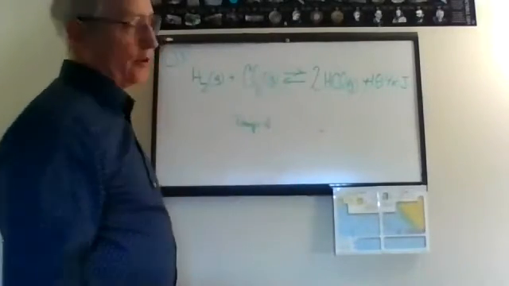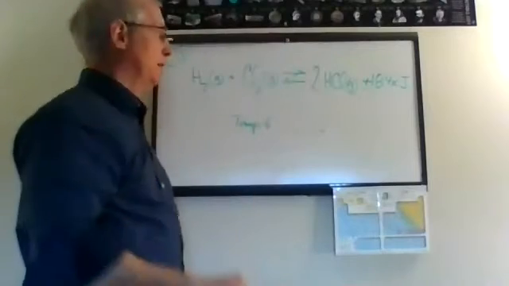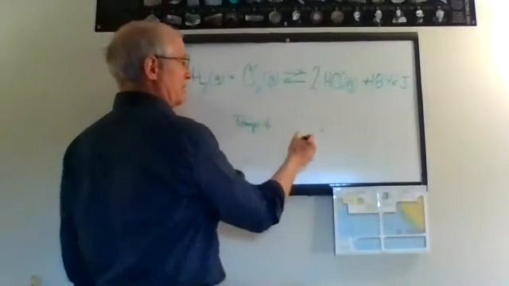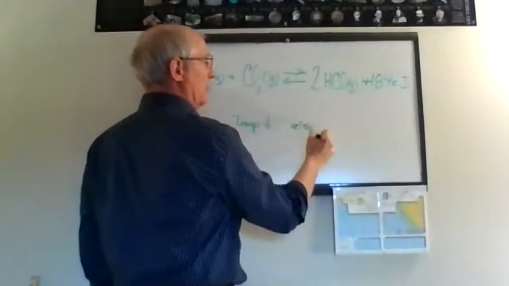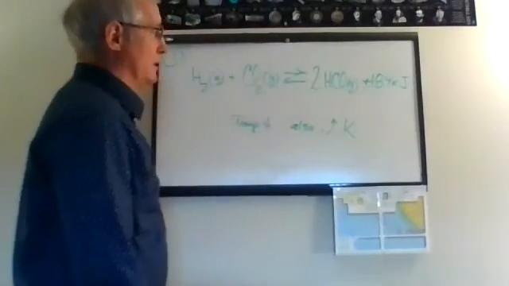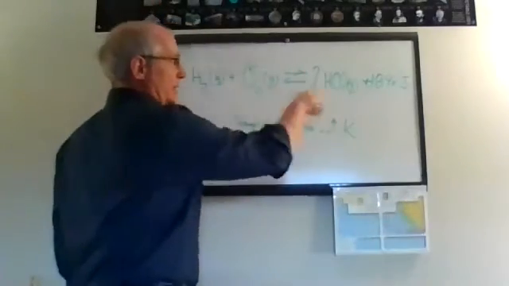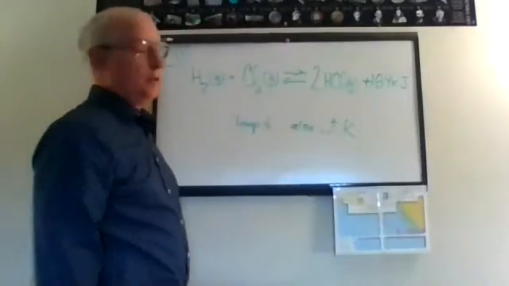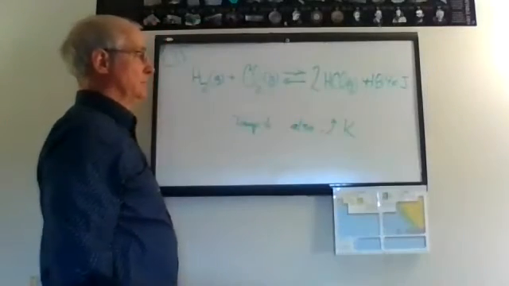Decreasing temperature also increases K. Decreasing temperature also will increase the value of the equilibrium constant. Anytime the K is big, it's pulling towards the right. You're making more product.